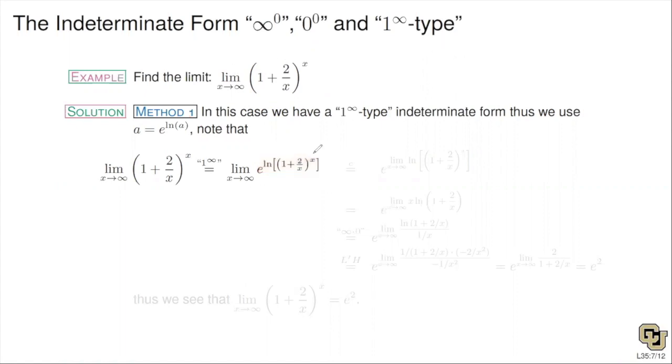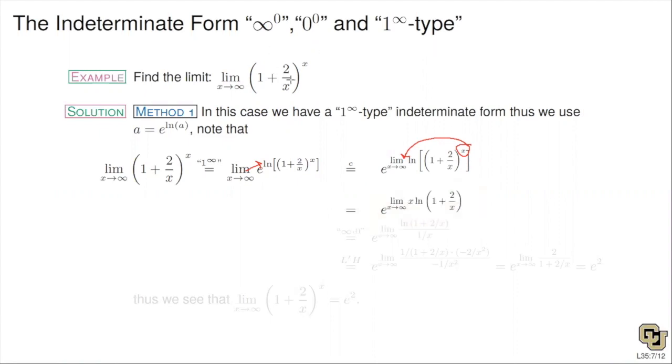I think here you can do it in either direction. I first used the continuity and brought the limit up, which is fine. Then I'm going to use the properties of the log and bring the x down. Those steps could have been reversed. I could have brought the x down first and then used continuity and brought up the limit. Either way, we end up with an expression that looks like this.